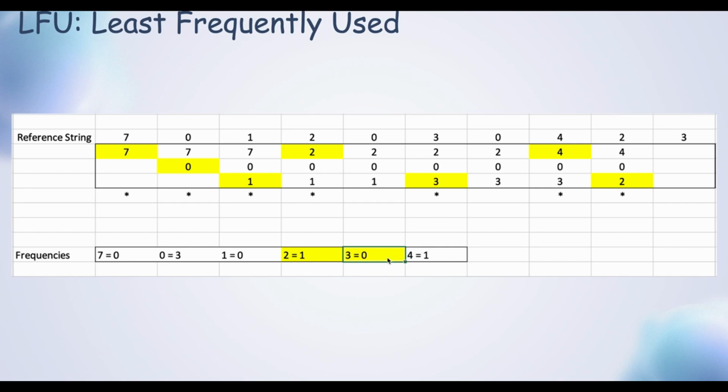So we remove 3 and replace it with 2, like this. Leave a star below because this is a page fault. And finally 3. Yeah, that's it. That is the least frequently used.